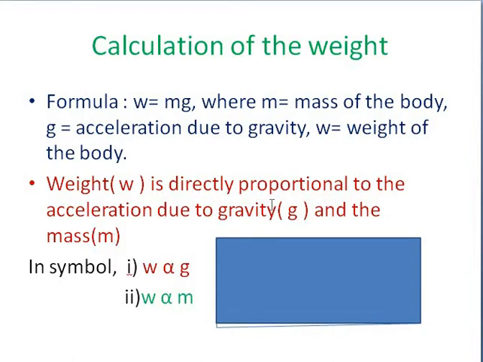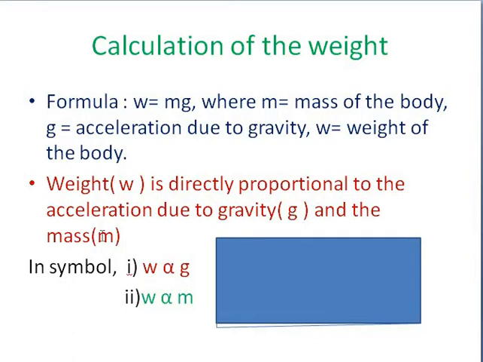And similarly, the weight depends on the acceleration due to gravity. So the weight of an object at the bottom of a mountain is more than at the top, because the value of g at the bottom of the mountain is more and the value of g at the top of the mountain is less.